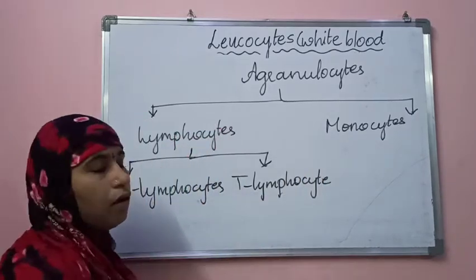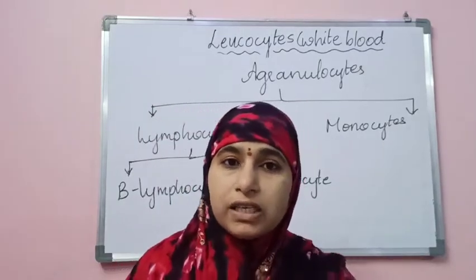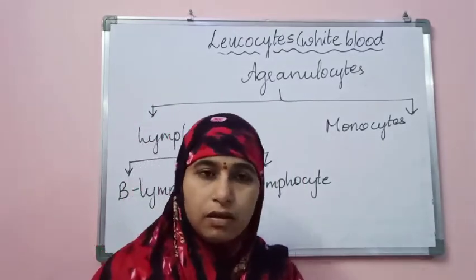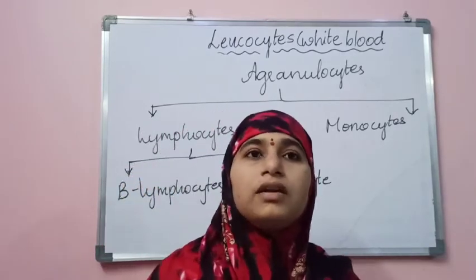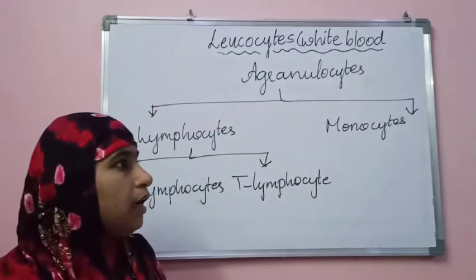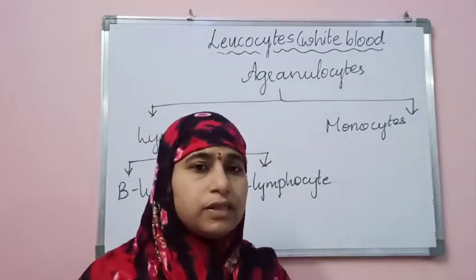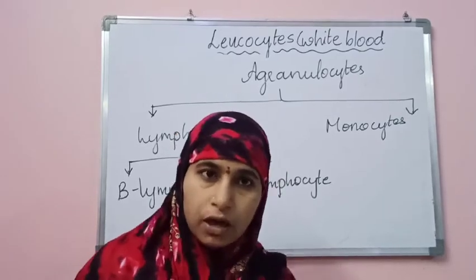On what basis are these cells divided? On the basis of the presence of cytoplasmic granules in the cell. If the cytoplasmic granules are absent, then it is called an agranulocyte. The cytoplasmic granules are completely absent, only the nucleus will be present.